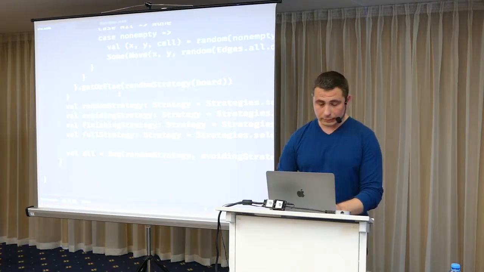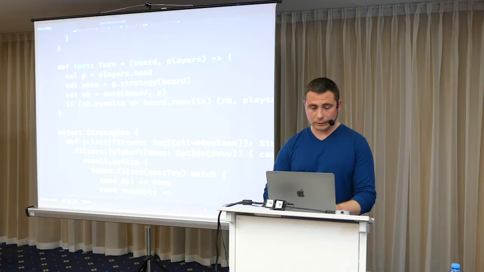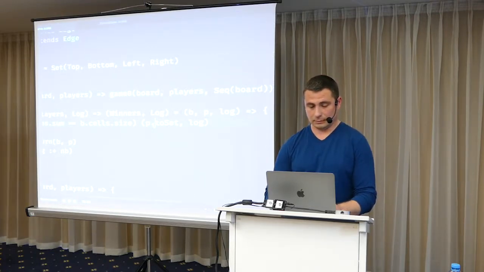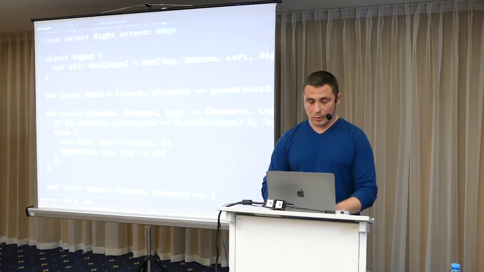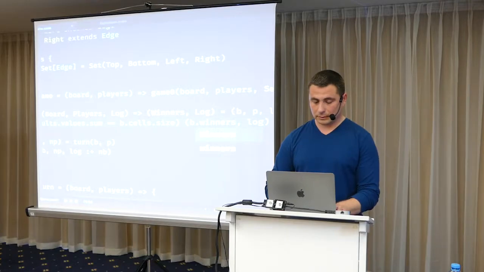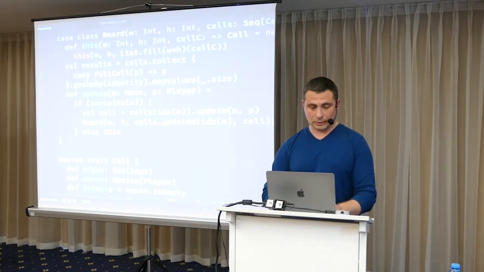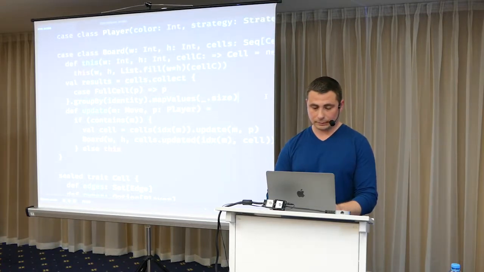Actually that's not right, what I'm doing here. We cannot just return the players, right? Because that doesn't make any sense. We need to return board winners. And now we need to teach the board how to find the winners.